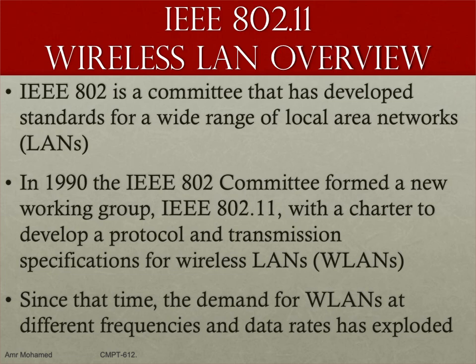So IEEE has the committee which is 802. 802 is a committee which standardizes all types of network access standards, not only wireless. Wireless here means 802.11, for example. 802.11 is actually a family of standards, right?